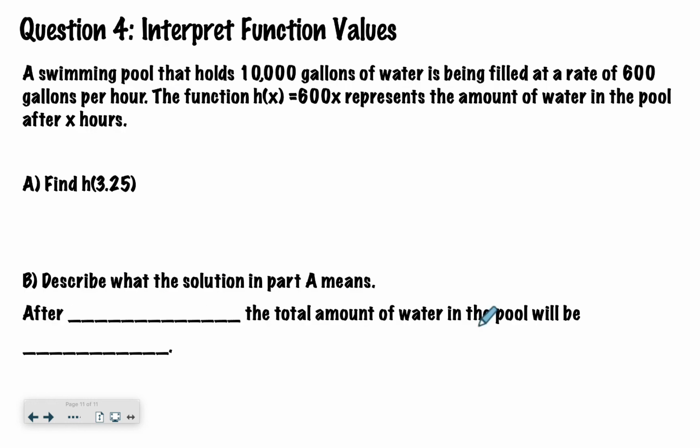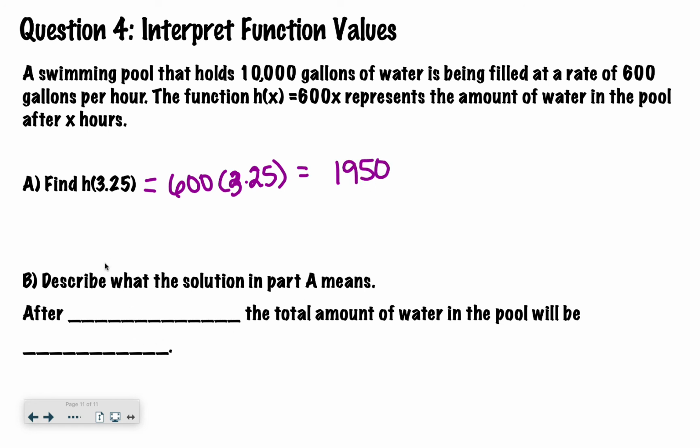All right, last question is for you. A swimming pool that holds 10,000 gallons of water is being filled at a rate of 600 gallons per hour. The function h of x equals 600x represents the amount of water in the pool after x hours. Find h of 3.25. Okay, so 3.25 hours, we're going to do 600 times 3.25, which gives us 1,950.